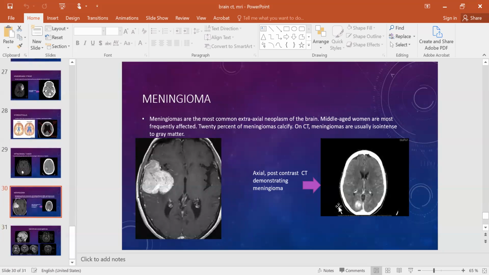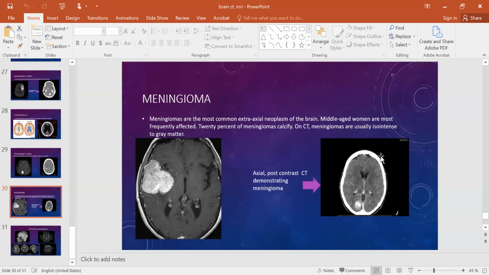Meningiomas are the most common extraaxial neoplasms of the brain, and mostly middle-aged women are affected, and 20% of meningiomas calcify on computed tomography. Meningiomas usually are isointense to gray matter, and here we see axial plane magnetic resonance imaging, a hyperintense mass inside the brain.